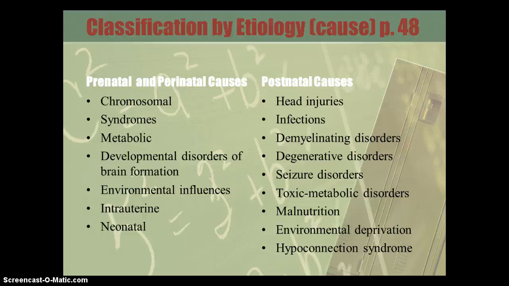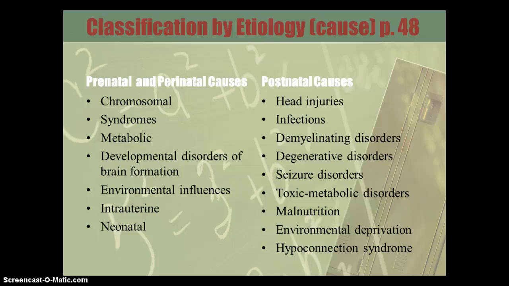It also would include things like microcephaly, very small head, or macrocephaly, very large head. Environmental influences, intrauterine, so things that happen during the pregnancy, and neonatal, things that happen in the first few months of life. And then we have postnatal causes, head injuries, infectious, demyelinating disorders. That's where the myelin, which is the sheath on your muscles, begin to deteriorate.